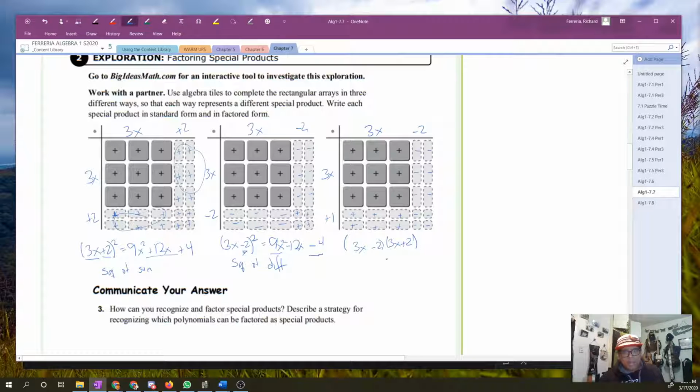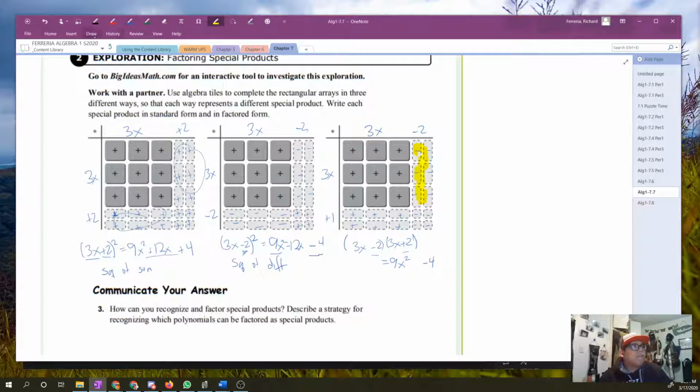And that's going to yield, well, you still get the 9x squared. You still get the minus 4 because you have a plus 2 times a minus 2. You get a minus 4 here, which means I made a mistake somewhere else. But in the middle here, these guys all form 0 pairs. I'm going to highlight them for you. This is all positive.